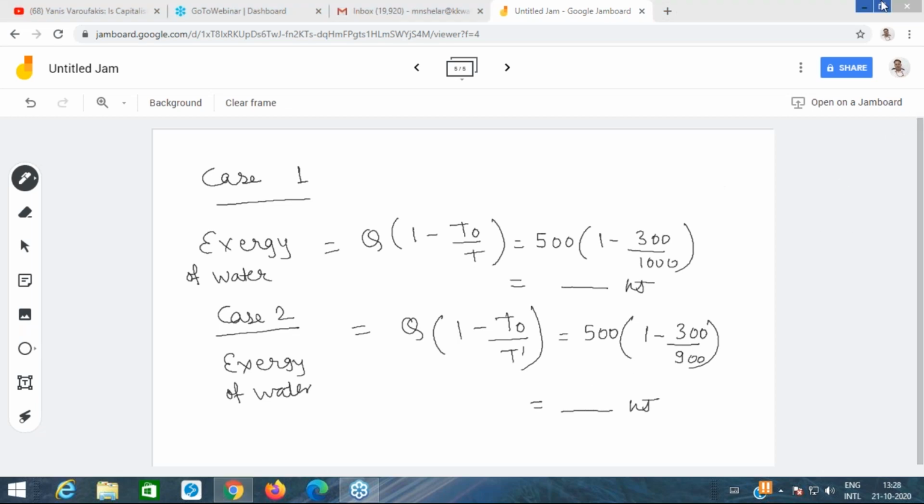Case 1 and case 2. Okay, so Tejas, Nikhil, they have said that first case it is 350, so it is 0.775, so around 350 kilojoules, and case 2 it is around 333.